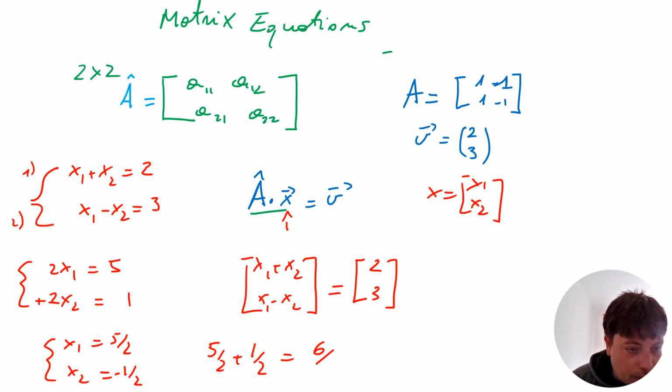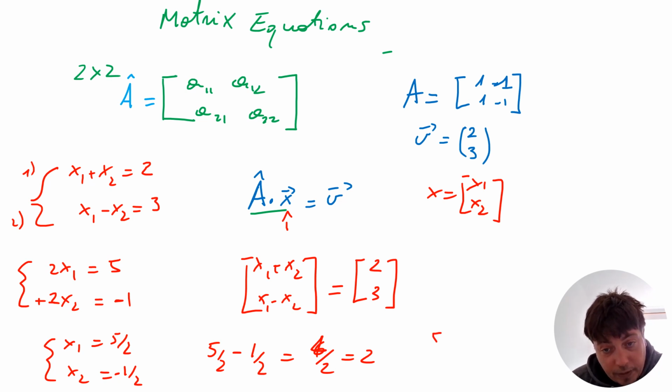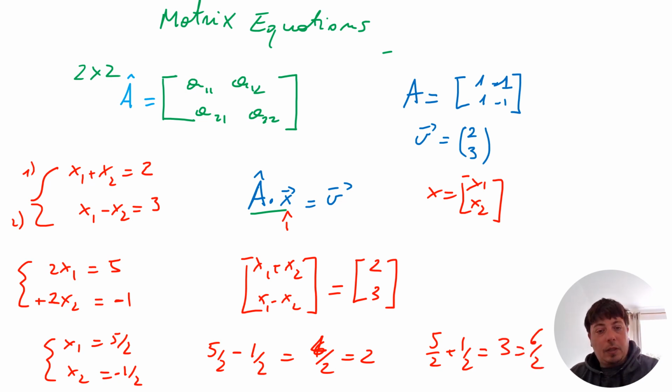Yeah, I was doing it wrong. Minus 1, but you get a plus there, so plus 1. So this is a minus 1. Yeah, so 4 half, which is 2. And then when you do the subtraction, 5 plus 1 half, you get 3, because it's 6 over 2, which is 3. Okay, so that checks out.